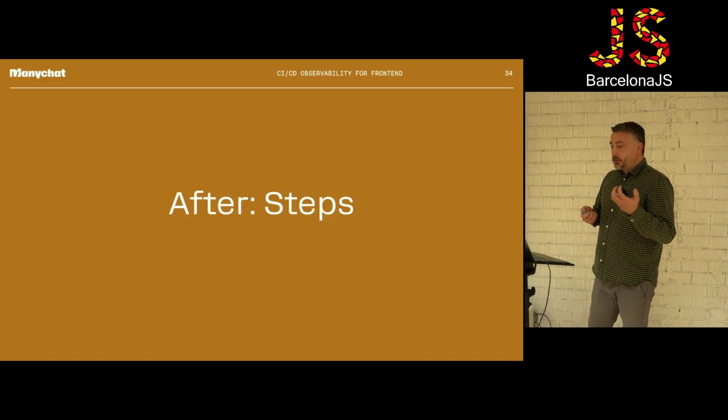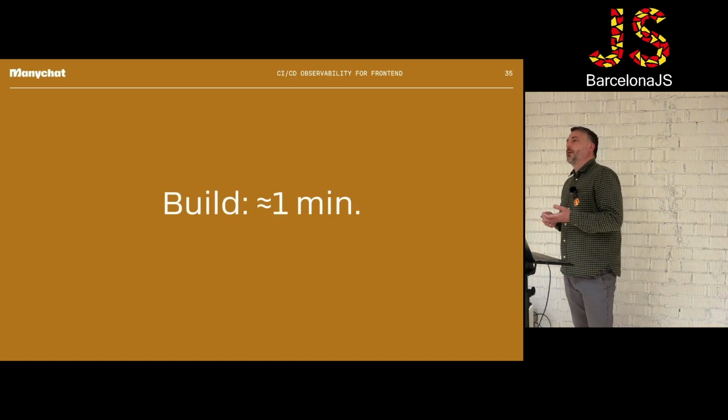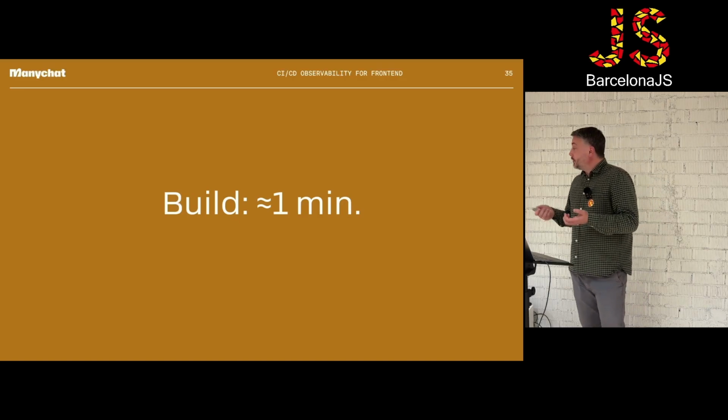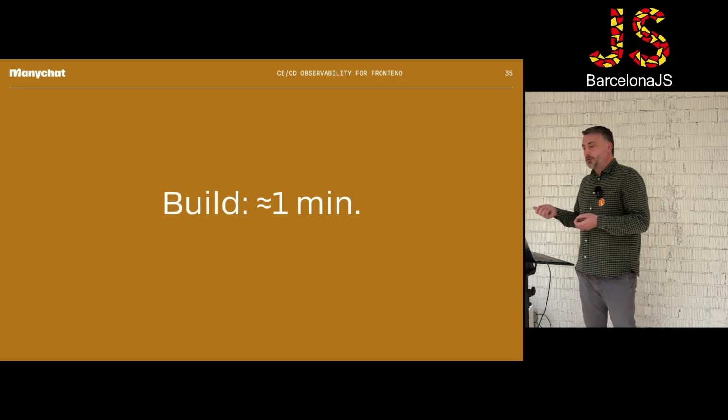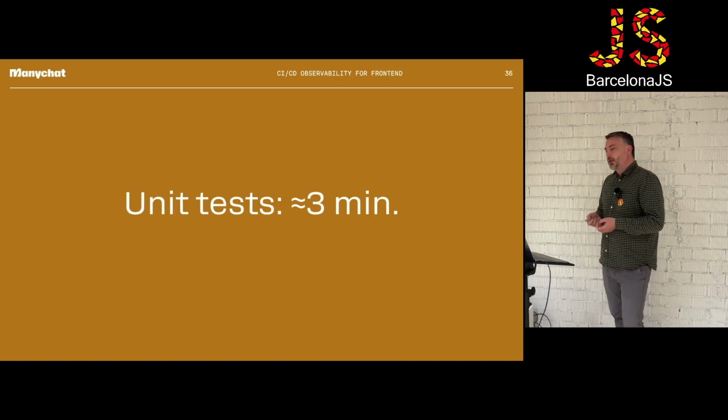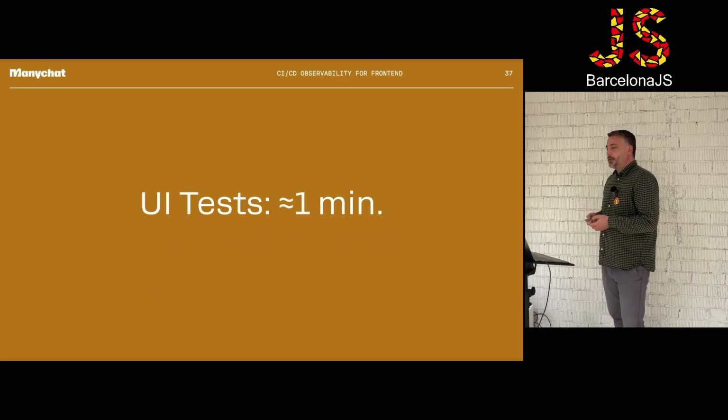And after this, our build step started to spend less time. It's 1 minute. Unit tests, as you may see, were something like 3 minutes or near. And UI tests are only 1 minute.